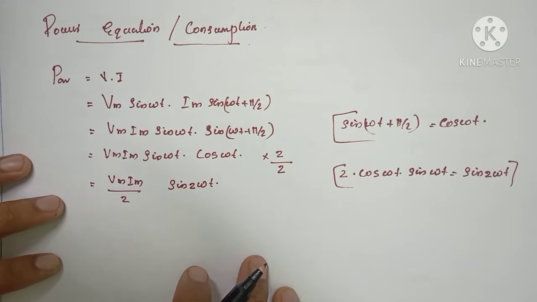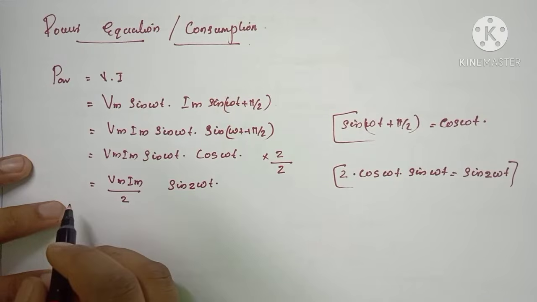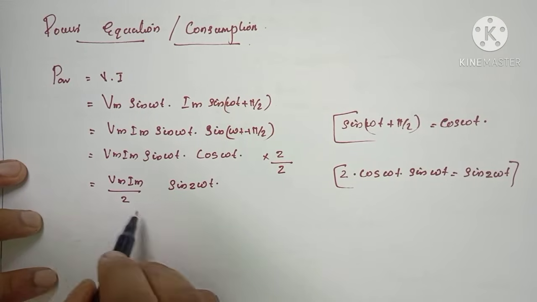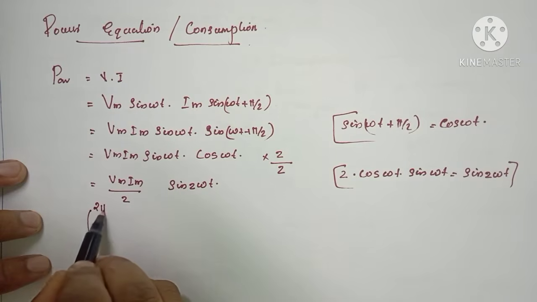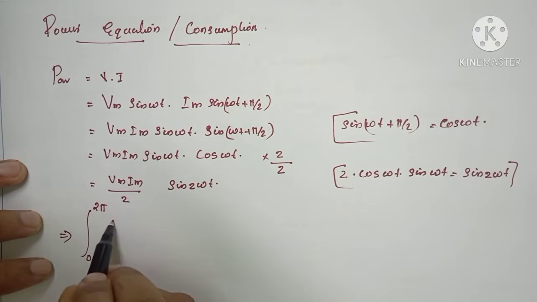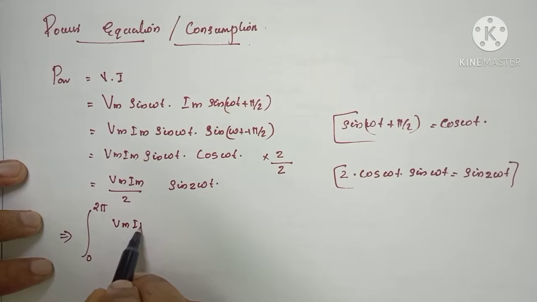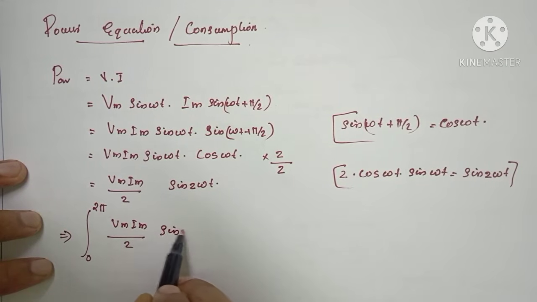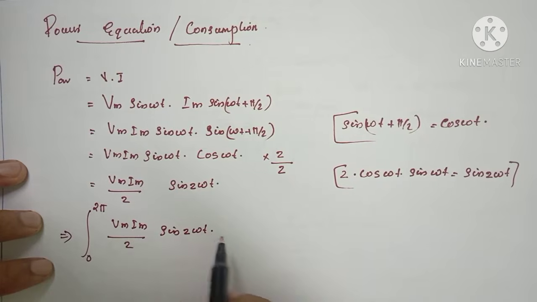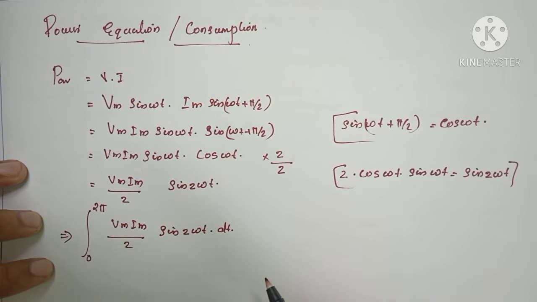And the average value of power, we will get by integrating this equation from 0 to 2 pi, Vm Im by 2 into sin 2 omega t dt. What will be this value?